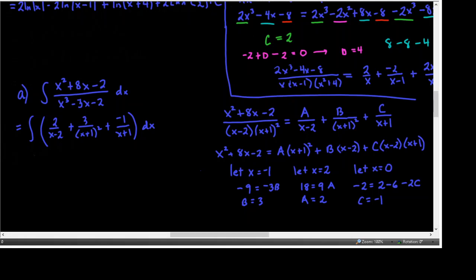Okay. So, integrating, we will get 2 ln of the absolute value of x minus 2.